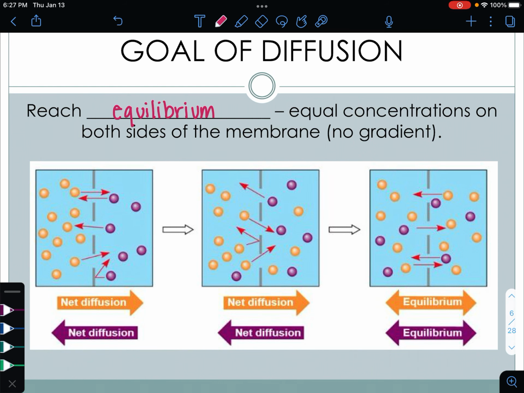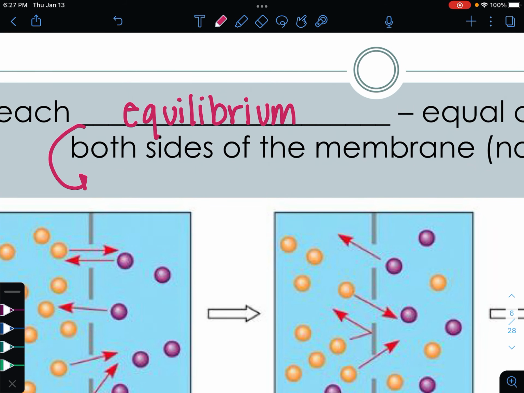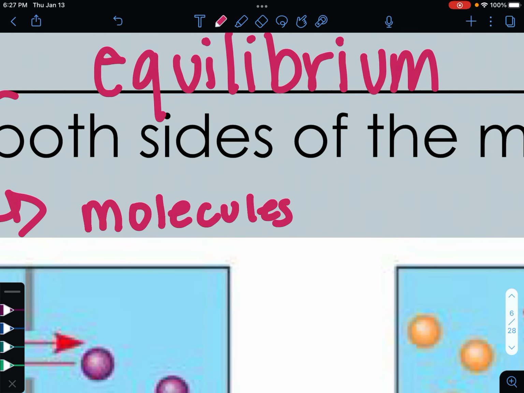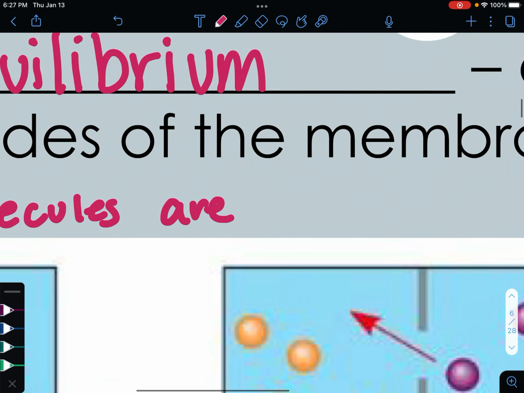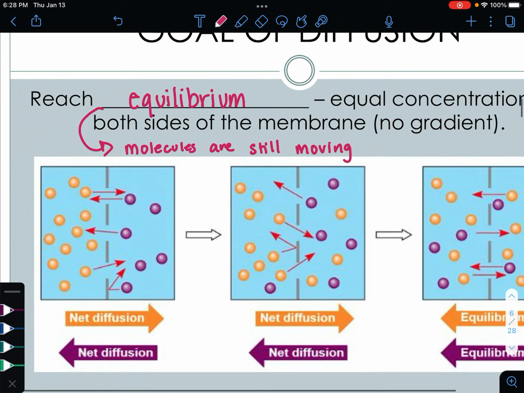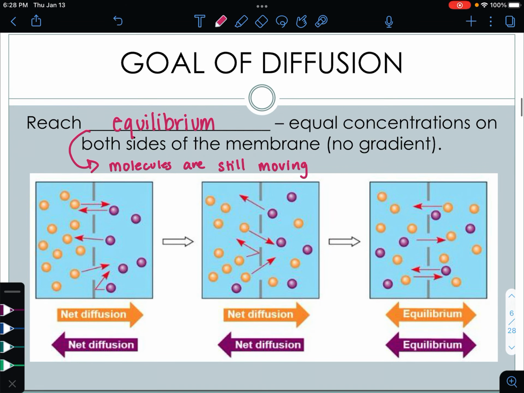Something important for us to note is that when we reach equilibrium, all of the molecules are still moving. We're still going to have some movement back and forth, except now it's going to be equal back and forth. So the molecules are still moving.